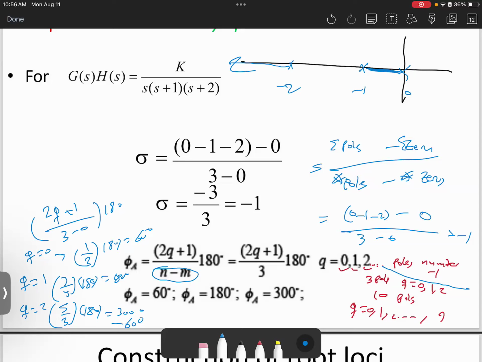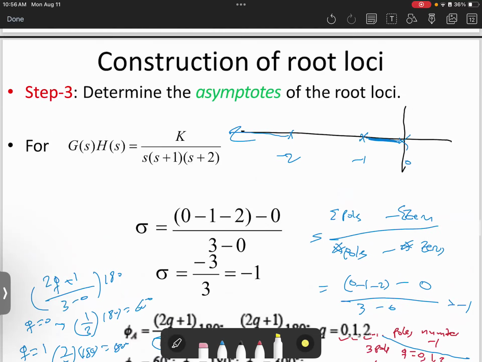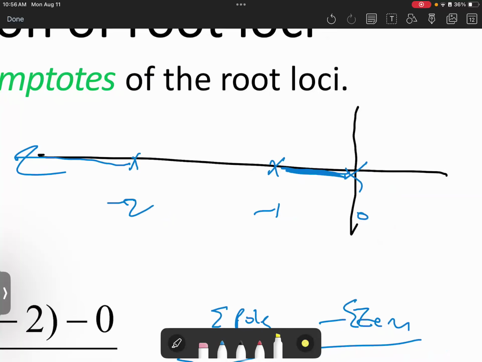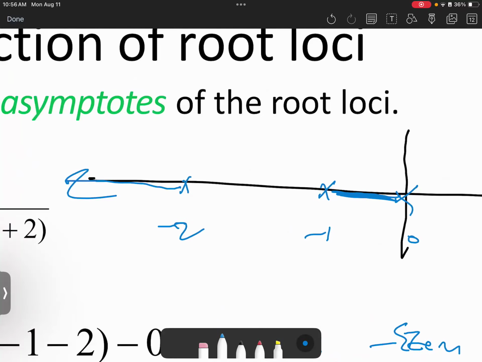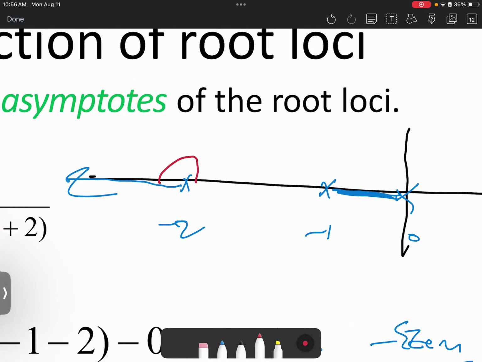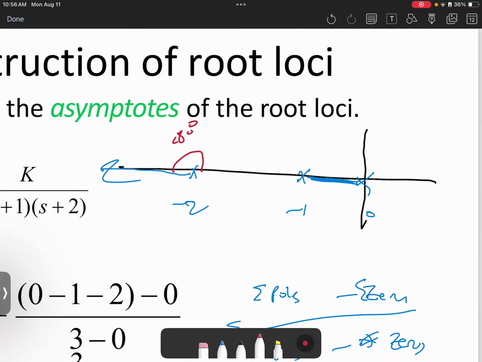Then, since we got these 3 angles, negative 60, 180, and 60, let's look at the poles. We can say this pole, or -2 pole, since it's allowed to move only to the left, this angle is 180 degrees, and that's fine. How about 0 and -1?